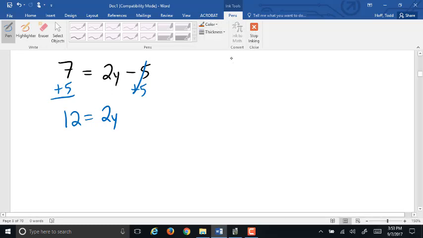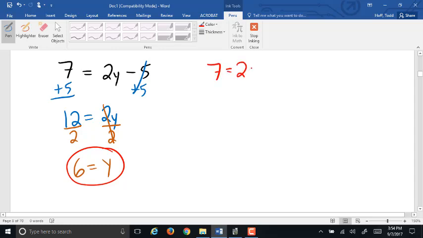What's next? Divide by 2. Good. So that 2 cancels out, leaves us with y. What's 12 divided by 2? 6. Good. So y equals 6. That is our answer. We could stop there. I'm going to double check it quick just to be sure. So 7 equals 2 times y becomes 2 times 6 minus 5.